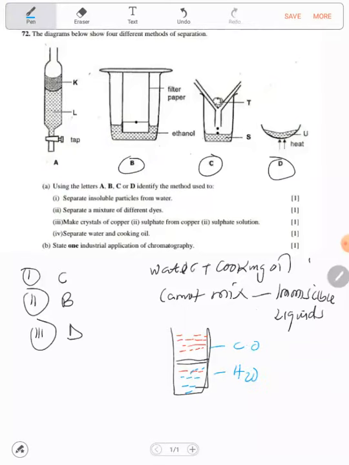This cannot mix because they have different densities. They can't mix due to differences in density. So we use what we call a separating funnel, which is A here. Hope that's clear.